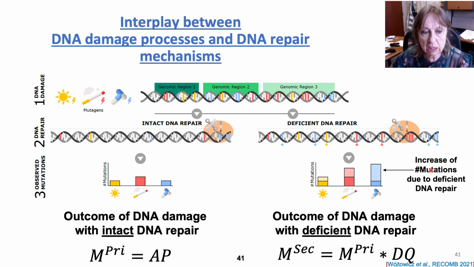So in this case, in addition to modeling the mutagenic process itself, we also model the way in which some of the lesions are not being repaired, and that way is dependent on the characteristic of the repair deficiency.